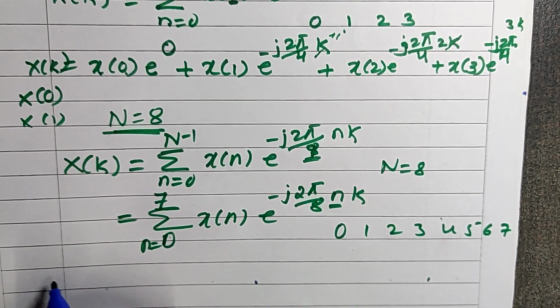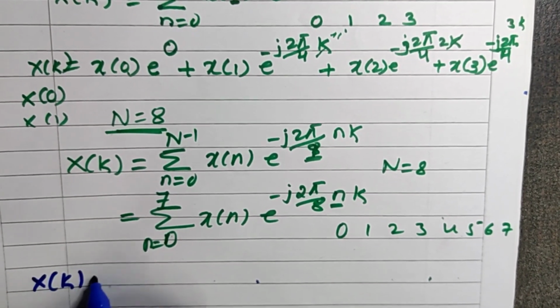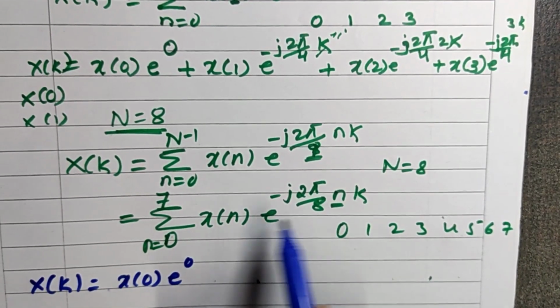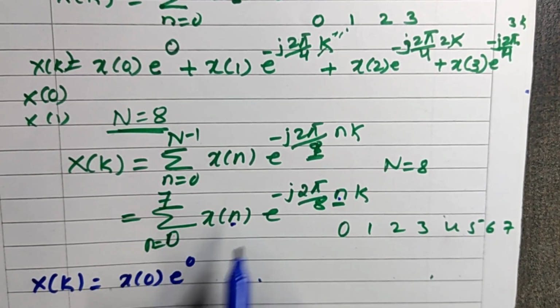Now we will have X of k, which is equal to x of 0 and e raised to 0, because n is 0 now.